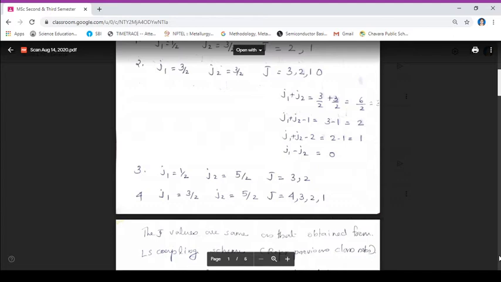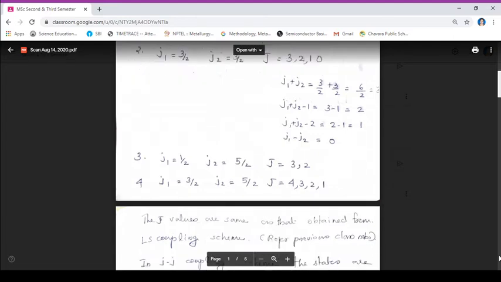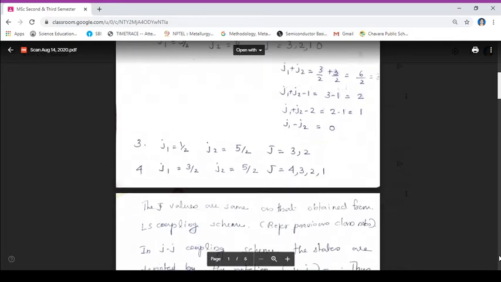So that gives 4, 3, 2, 1. These are the possible values of J. You can see that the J values are the same as those obtained from the LS coupling scheme. You can have a look at the previous class where we did the LS coupling scheme for a PD electron. We got the same J values here and in the previous case also.